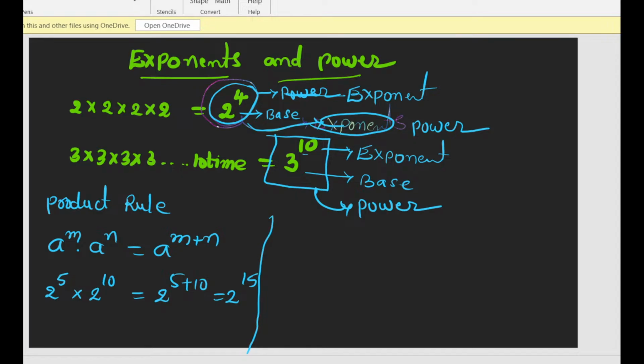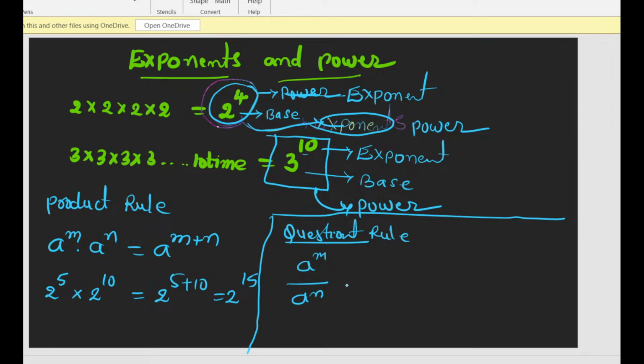Now the same thing again. If you look here, there is also the quotient rule. The quotient rule is a power m by a power n, we can write a power m minus n. In this case m is greater than n. For example, 2 power 15 by 2 power 5 is 2 power 10.